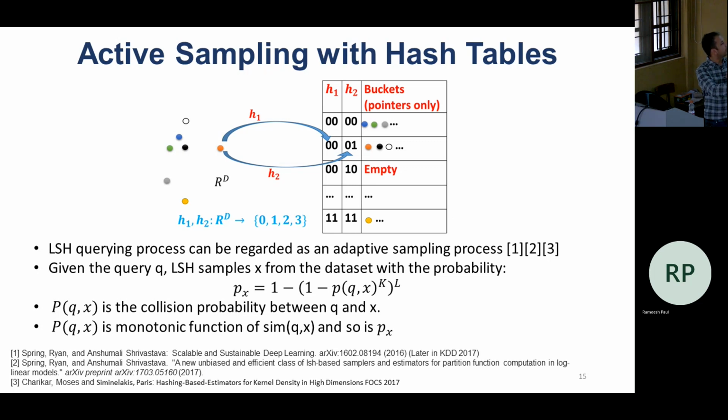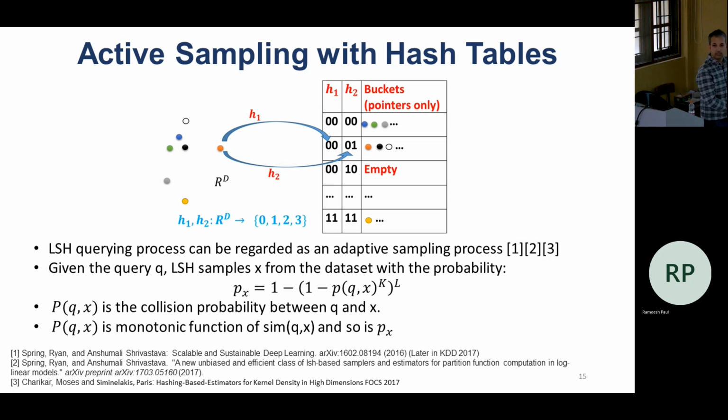For any K and L, this is a family of distributions that you can sample from in roughly constant time. The cost to sample is K cross L hash computations and L memory lookups. That is the cost of sampling with this probability.